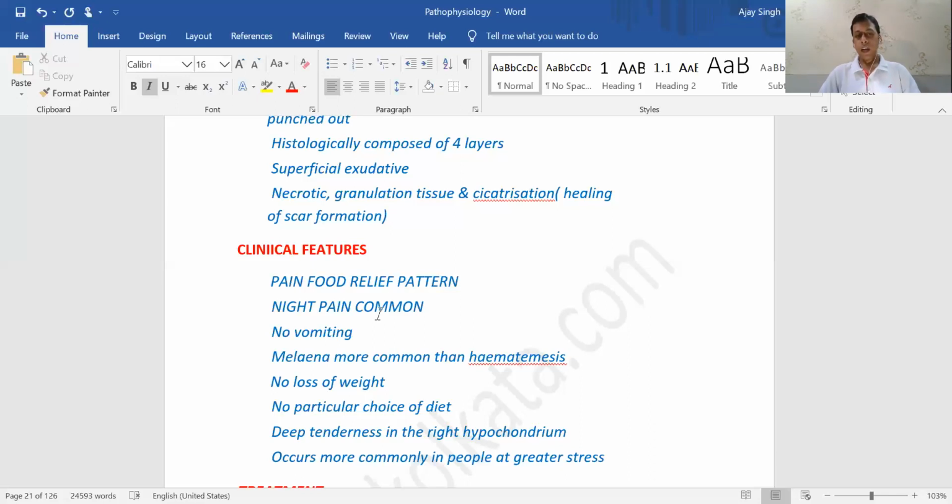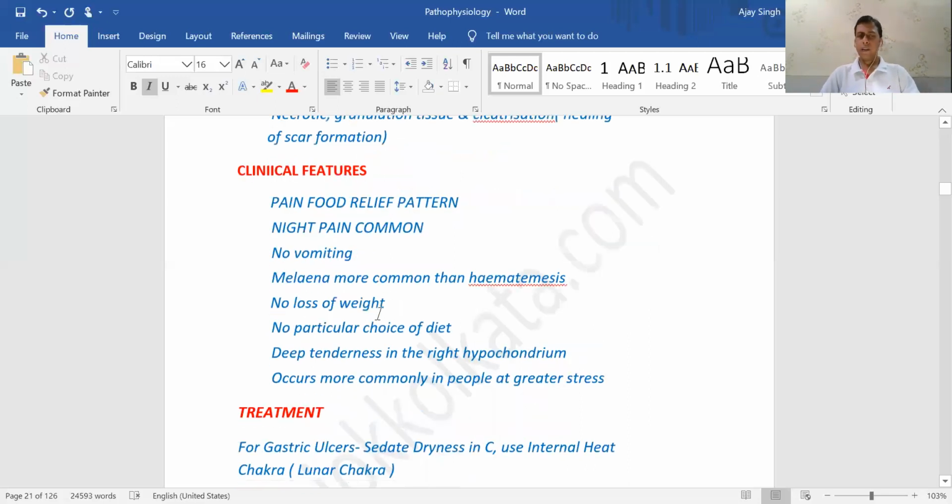So dark stool means melena, and this blood is coming from the internal side of the digestive tube, so it can be because of an ulcer. There is no loss of weight, because they can eat and have no particular food choice. They have deep tenderness in the right hypochondrium, on the right side. In gastric ulcer, they will have pain in the upper epigastric region.